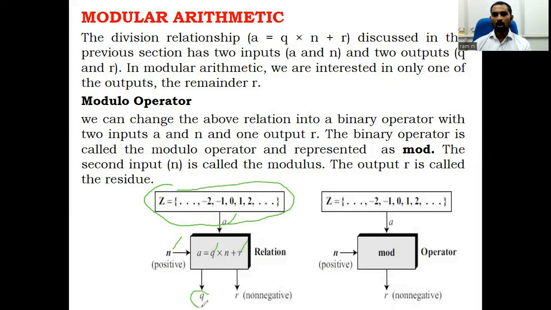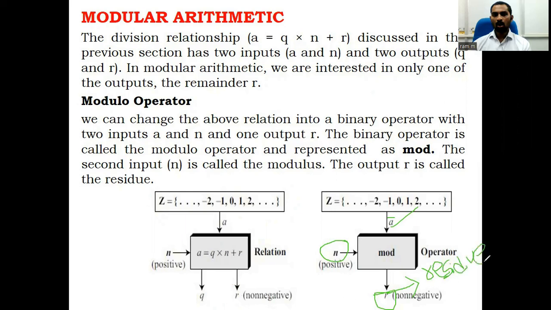It yields two outputs, Q and R. But in the modulo operation, we take the dividend and the divisor and apply the modulus operator, and we get only one output, the remainder. In modulo arithmetic we call this remainder the residue.